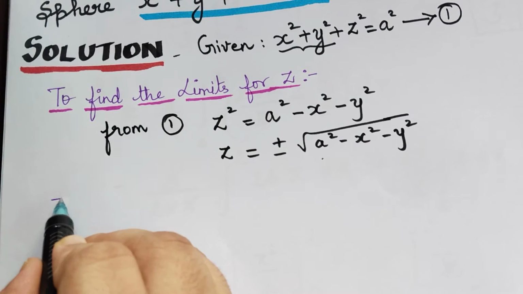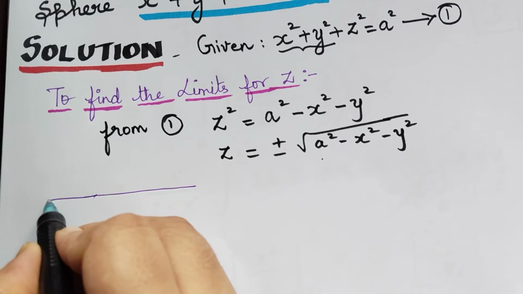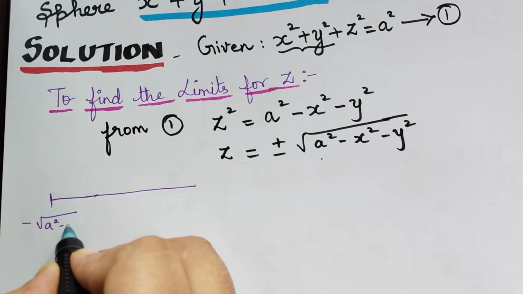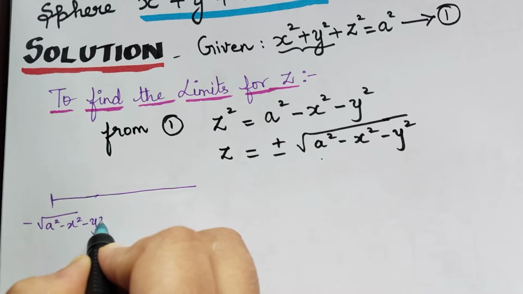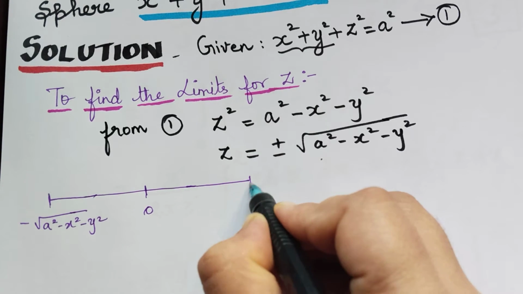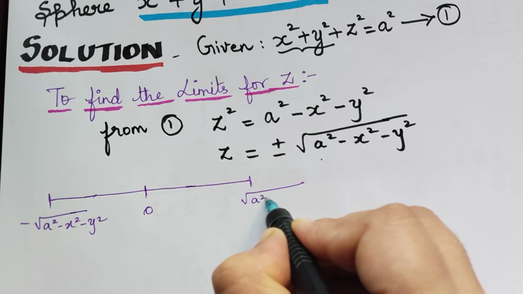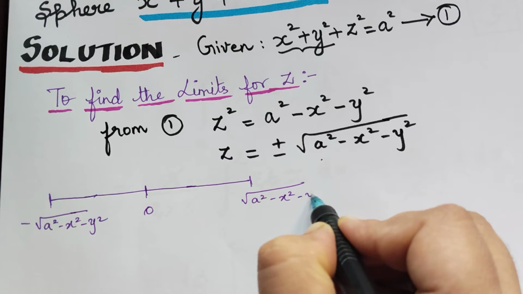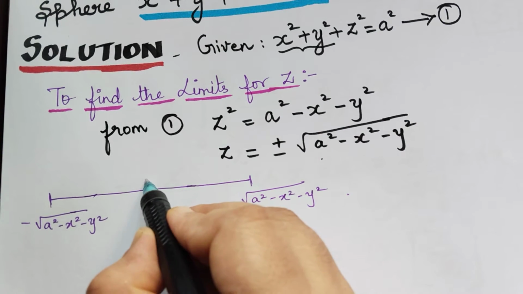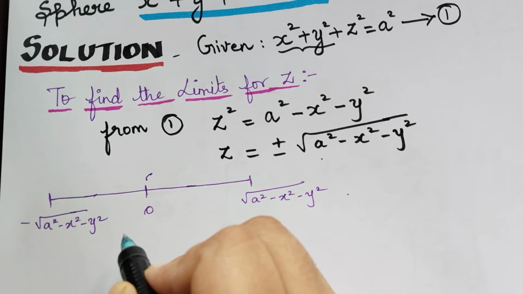You could imagine that this will be minus square root of a square minus x square minus y square, and at some point on the line you will have 0 and then plus square root of a square minus x square minus y square. Now since we are considering only the positive octant, we will not consider the negative values.